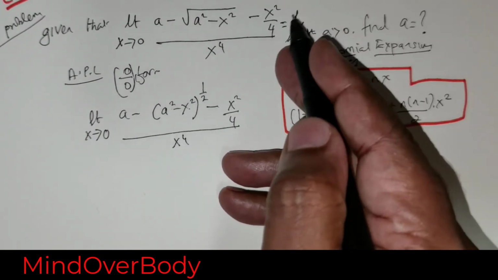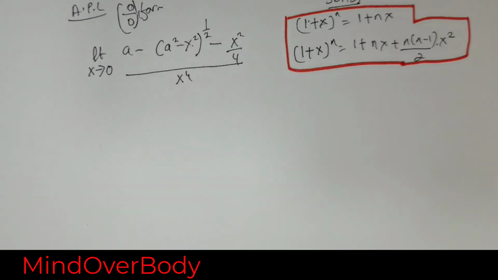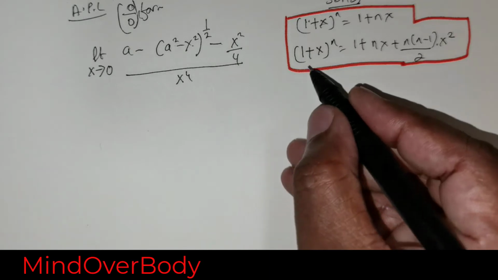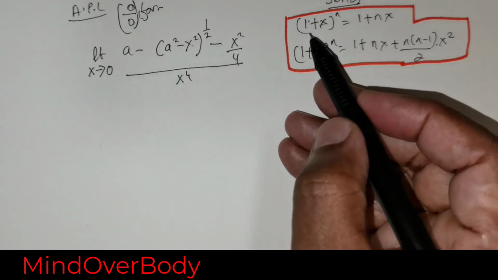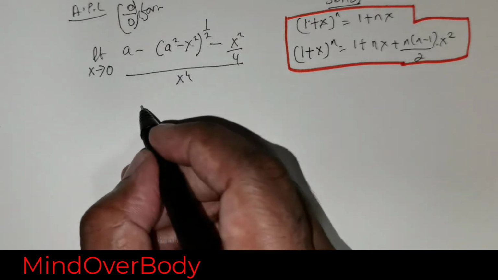I'm not going to be much bothered about the limit that is given. First, let me simplify the terms that are present here. As you can clearly see, the binomial expansion starts with the term 1, so I need to get the term 1 there.